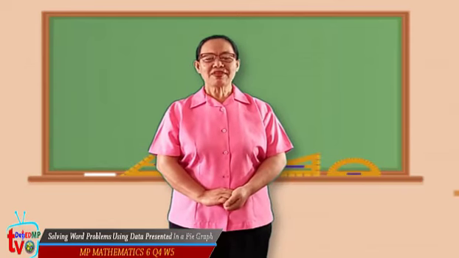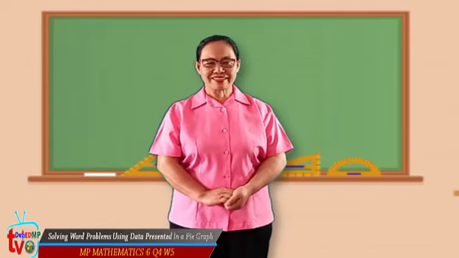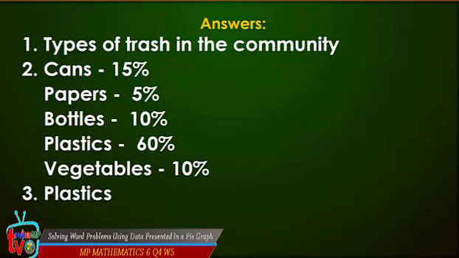Time's up! Check your answers. Number 1. Types of trash in the community. Number 2. Cans, 15%. Papers, 5%. Bottles, 10%. Plastics, 60%. Vegetables, 10%. Number 3. Plastics.